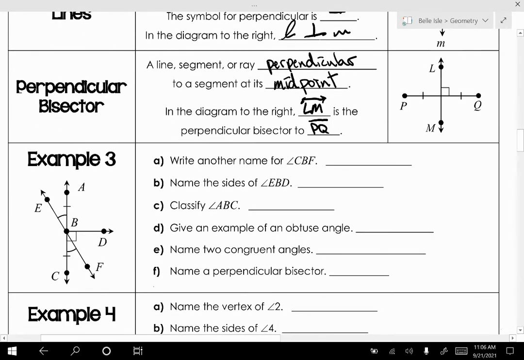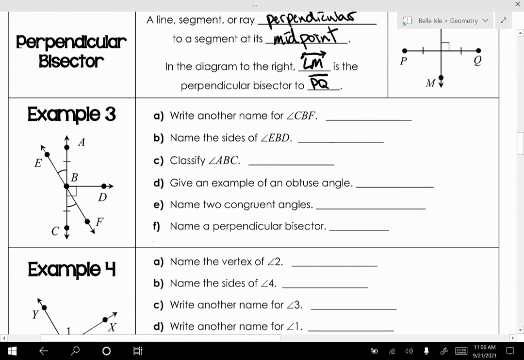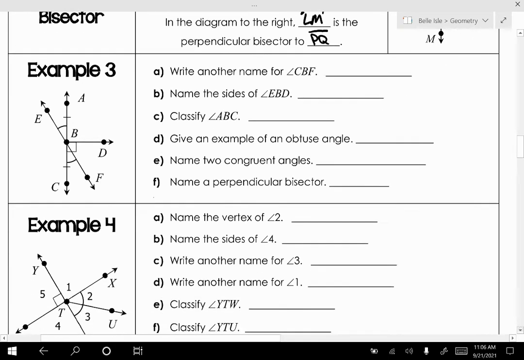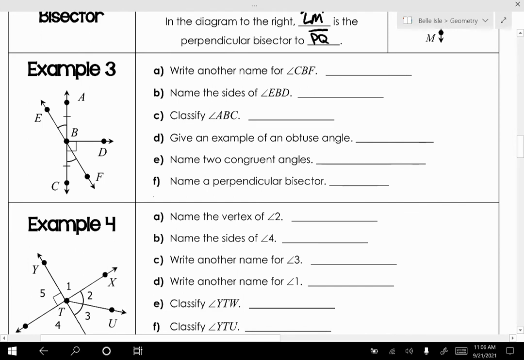Okay, so let's look at example 3. Write another name for angle CBF. Angle FBC. B, name the sides of angle EBD.